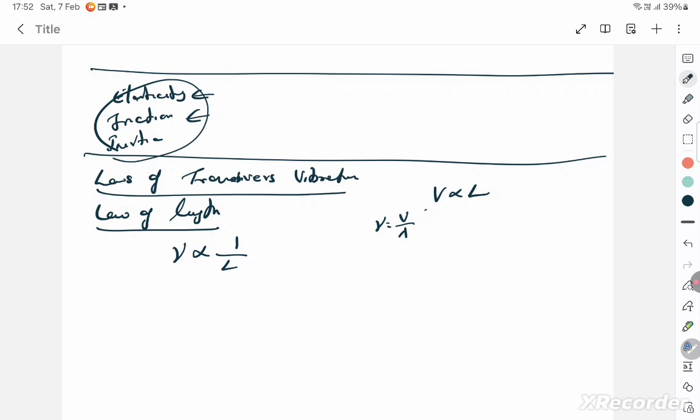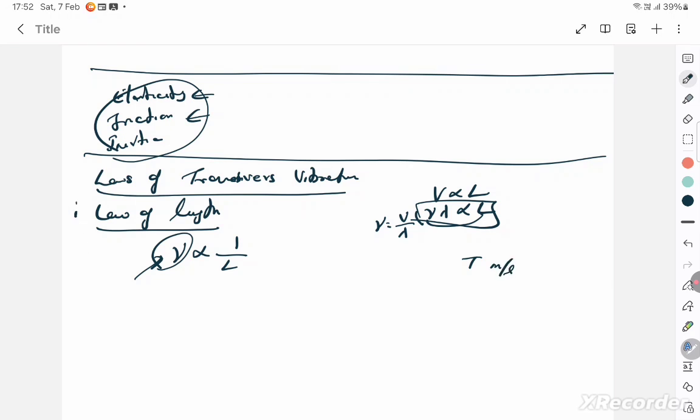So you can write v as frequency into lambda, proportional to L. I hope you can remember this. So in terms of velocity, you think, but when you talk about a fundamental frequency, the fundamental frequency of a vibrating string is inversely proportional to length, provided all other components such as tension and mass per unit length remain constant.